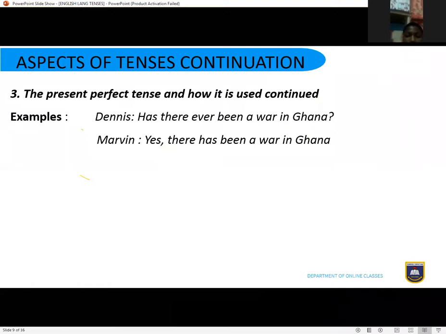Good. So if someone asks a question, are you all there? Playing football in the field and playing football on the field, which is the right one to use? So the right one to use is what? Playing football in the field.